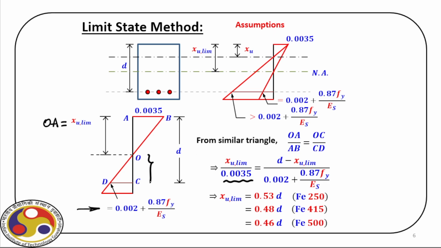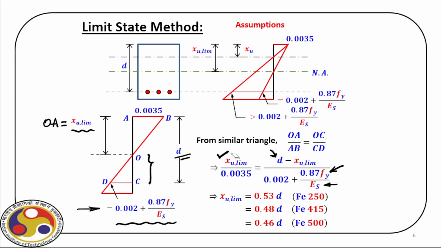OC, on the other hand, is the difference between the effective depth small d and OA, or otherwise XU limit, divided by CD, the amount of strain in the steel reinforcement, which we have here in the denominator. So effectively, from this relation our only unknown is XU limit, which we can easily find out because we already know d and also the grade of steel and the Young's modulus of steel, right?